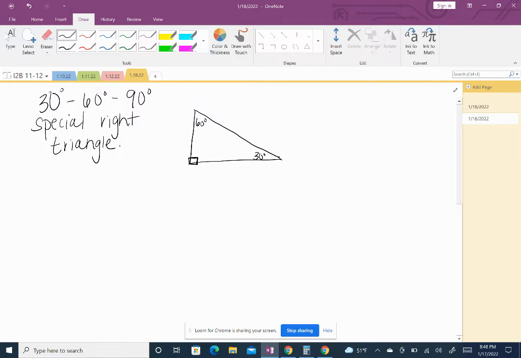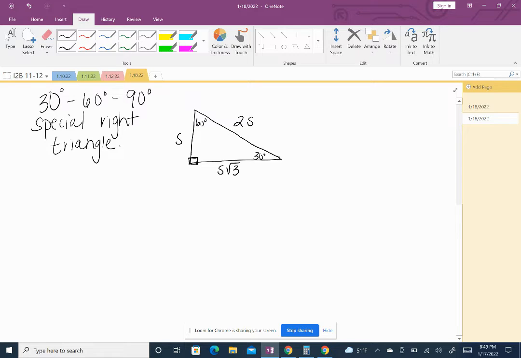So our shortest side is coming out directly from 30, right here, and we could just call that S. Coming out from our second shortest side, out of 60 degrees, is going to be S square root of 3. And directly out of our hypotenuse, that would be 2S.